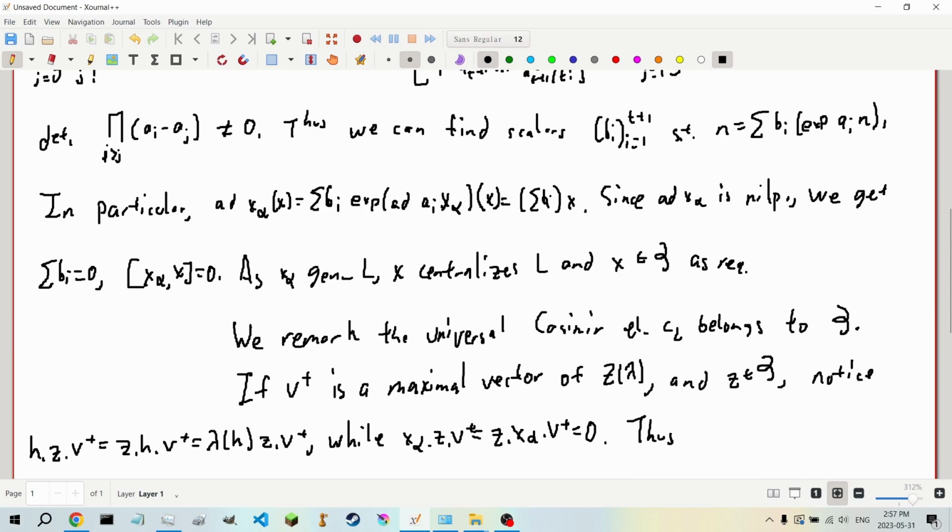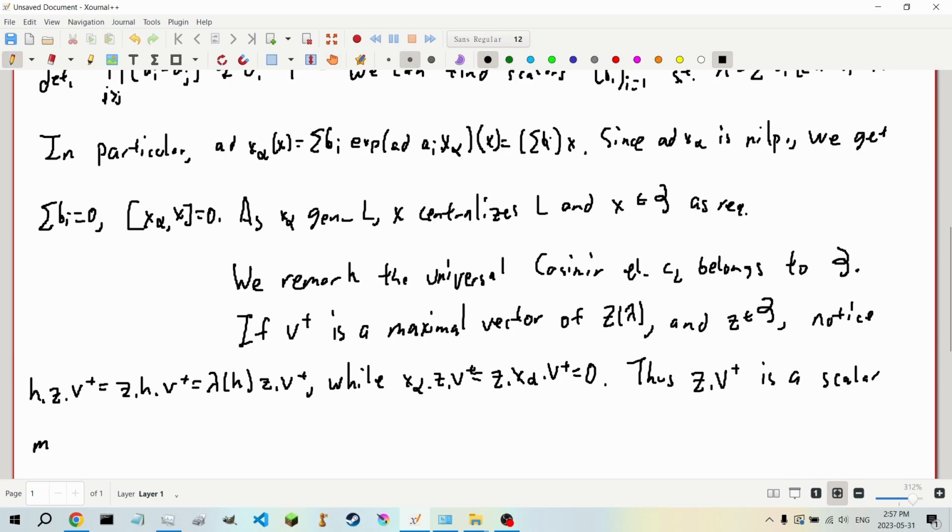Thus, z on v plus is a scalar multiple of v plus.